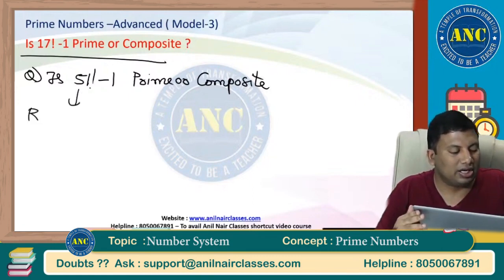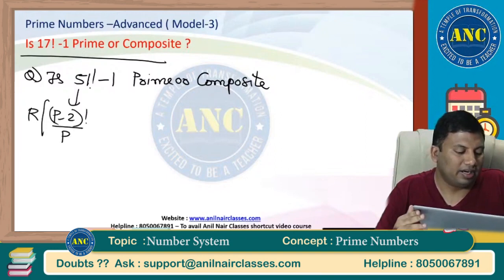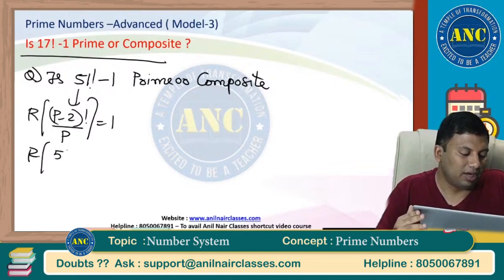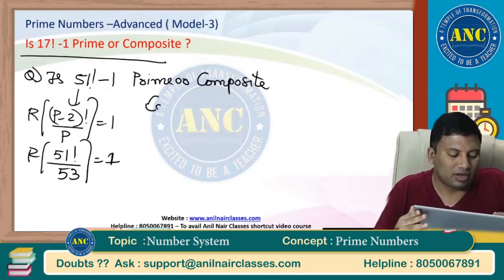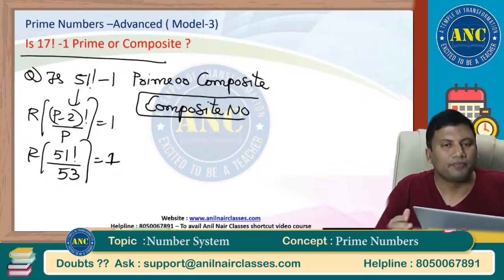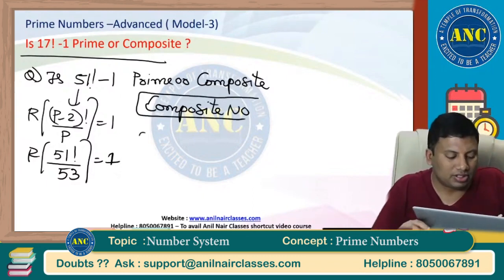Immediately it should strike you: (p minus 2) factorial divided by p is nothing but 1. So, 53 minus 2 is 51. 51 factorial divided by 53 is 1. 1 minus 1 is 0. The answer is a composite number.